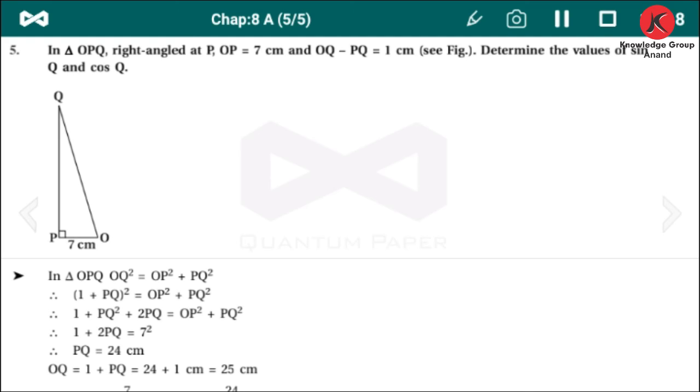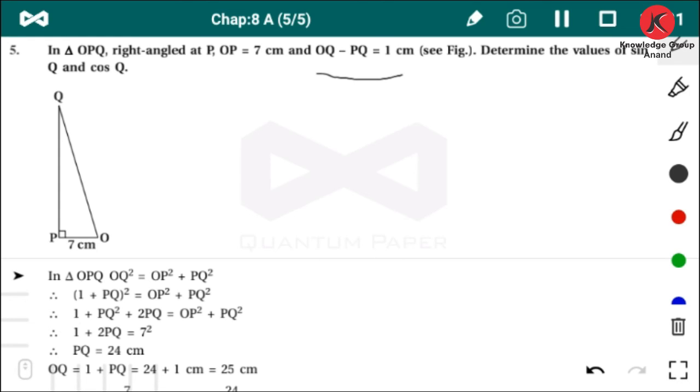OQ square is equal to OP square plus PQ square. Given OQ minus PQ is equal to 1, therefore OQ is equal to 1 plus PQ.